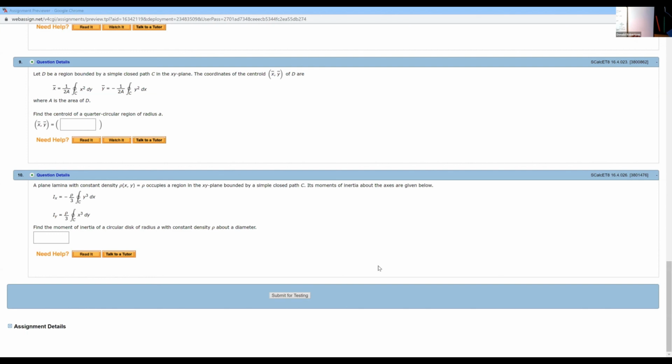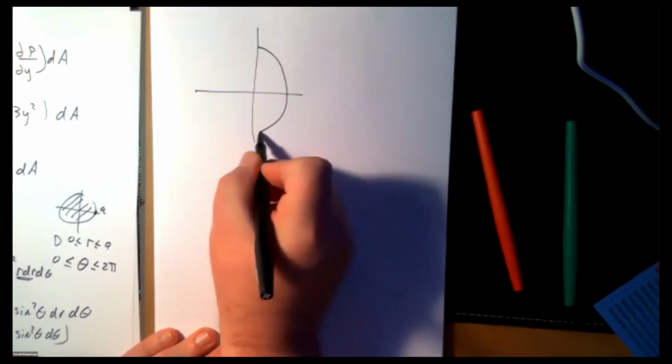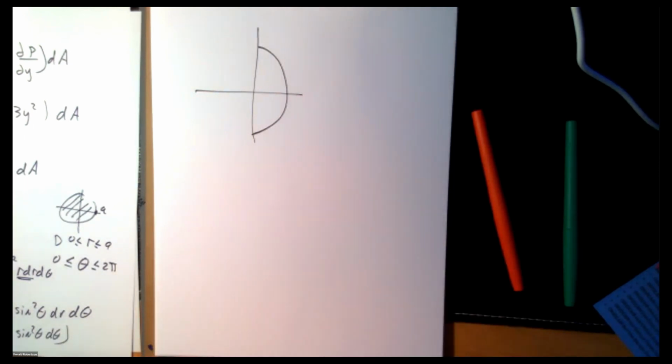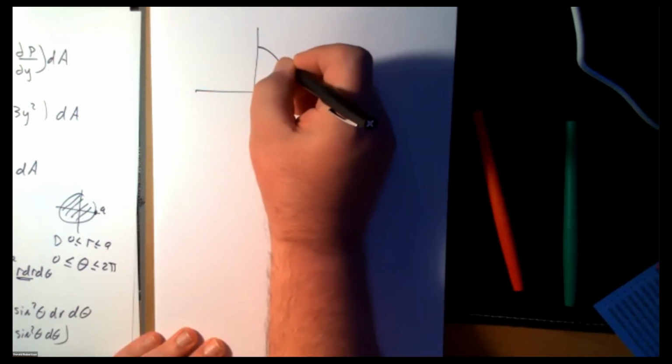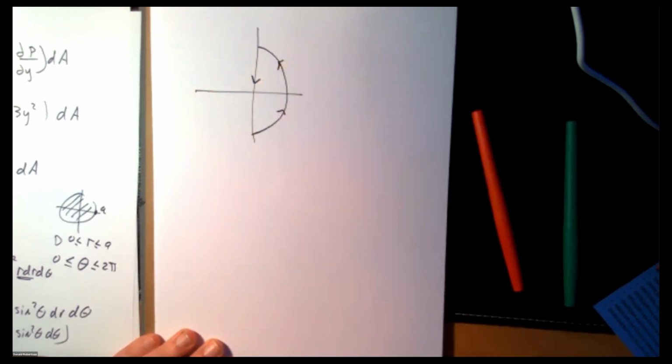Everything else is the same, except it's not a whole disk. It's only that side. So can you imagine that the thing you're doing was that guy, right? Only the right-hand side. Everything else virtually would stay exactly the same.